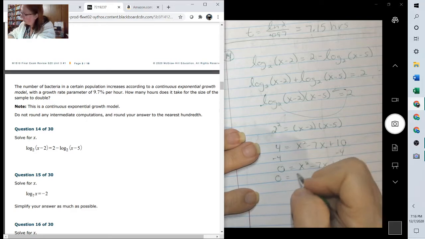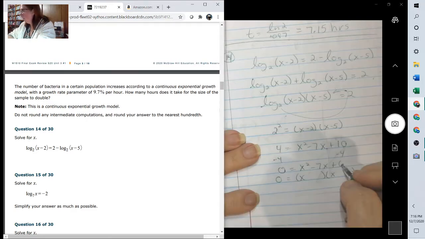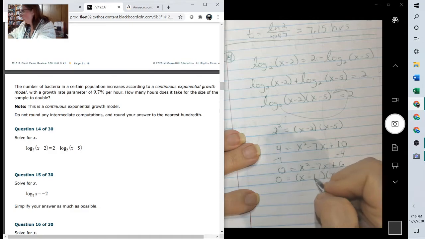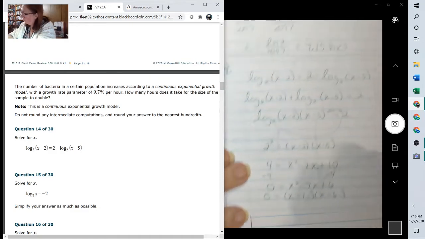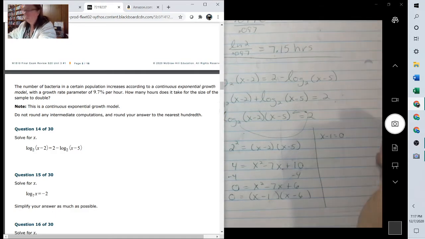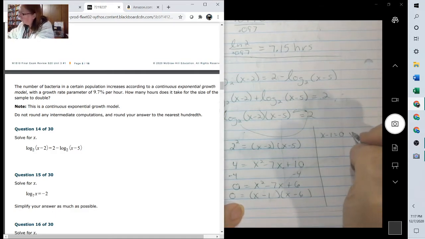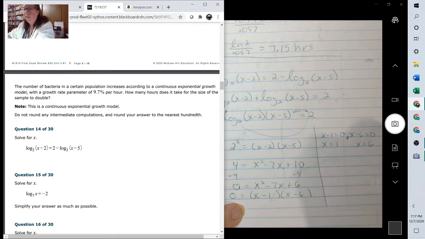It will factor. 2 numbers when you multiply, you get 6, that when you add, you get negative 7, is negative 1 and negative 6. Setting them equal to 0, we get 1 and 6.